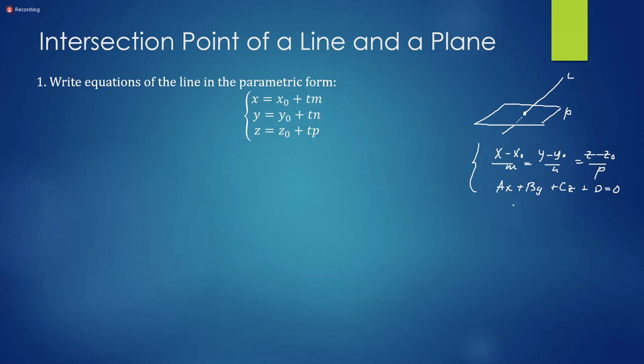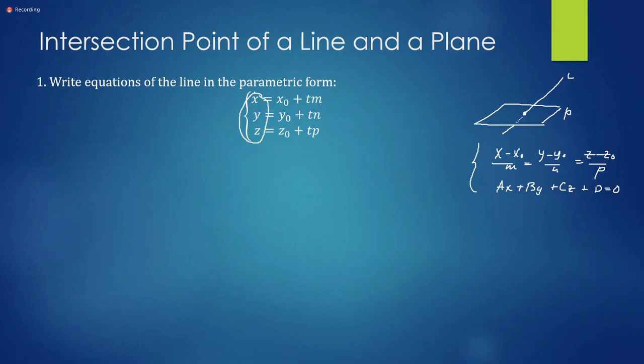Again, don't forget, we use exactly the same numbers, x0, y0, z0, m, n and p, as coefficients at t. So we have expressed all the coordinates of points on the line x, y, z using a single parameter t. And now, of course, we are looking for the point for which these coordinates of the point on the line also fit into the plane equation.